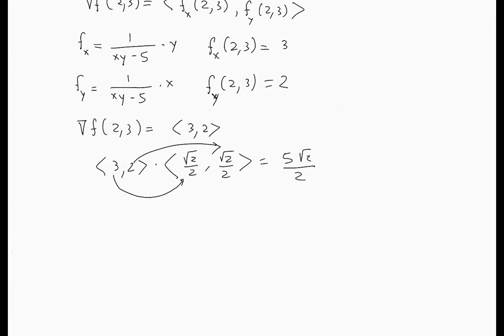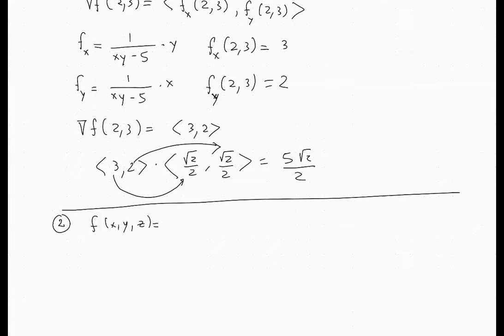And the second problem says that we consider the function f of x, y, z equal to xy plus z over x plus 2y minus z.